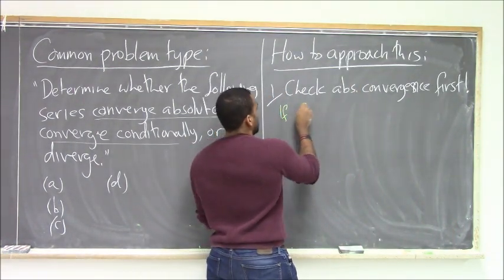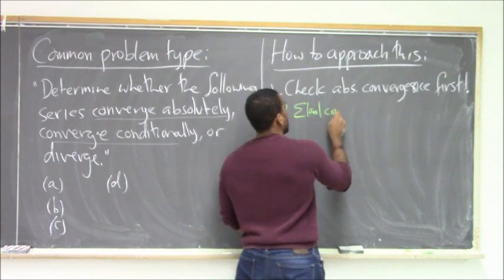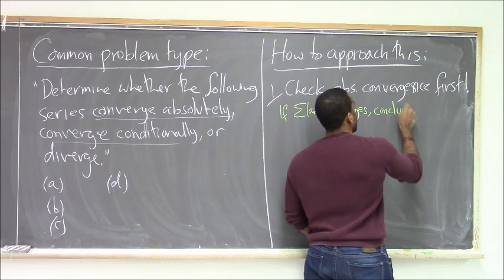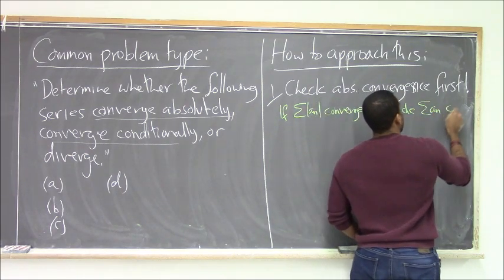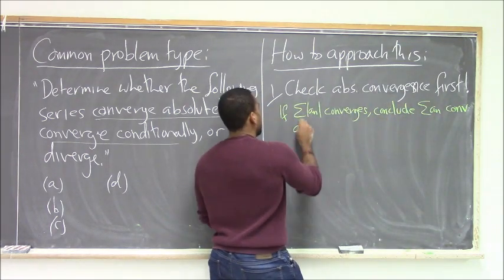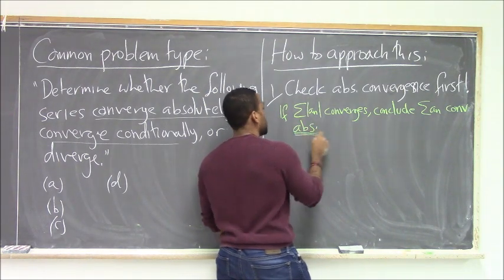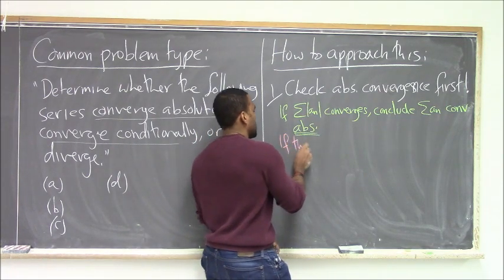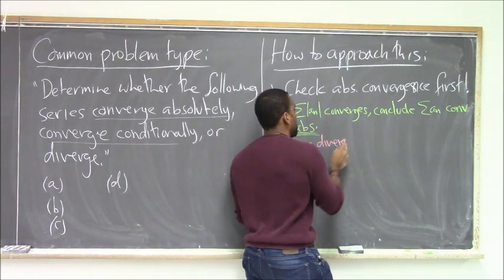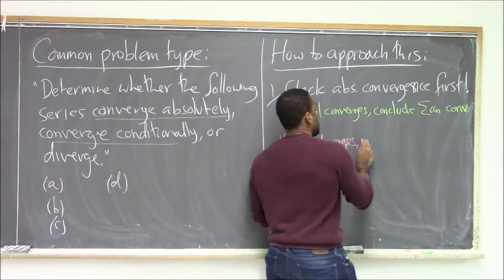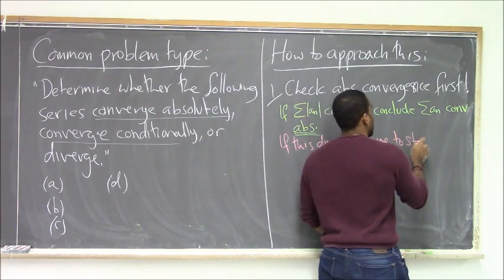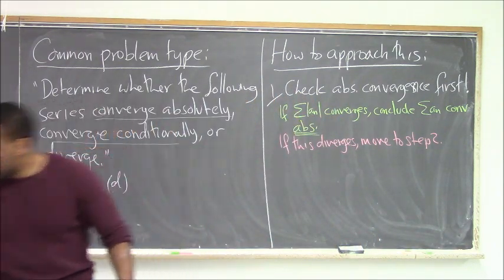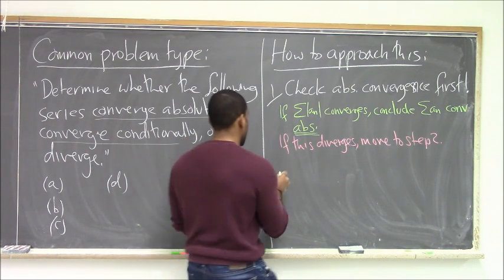If the series converges, you would conclude a_n converges absolutely. Now, if this diverges, move to step 2. In step 2, what you're going to do is check for conditional convergence.